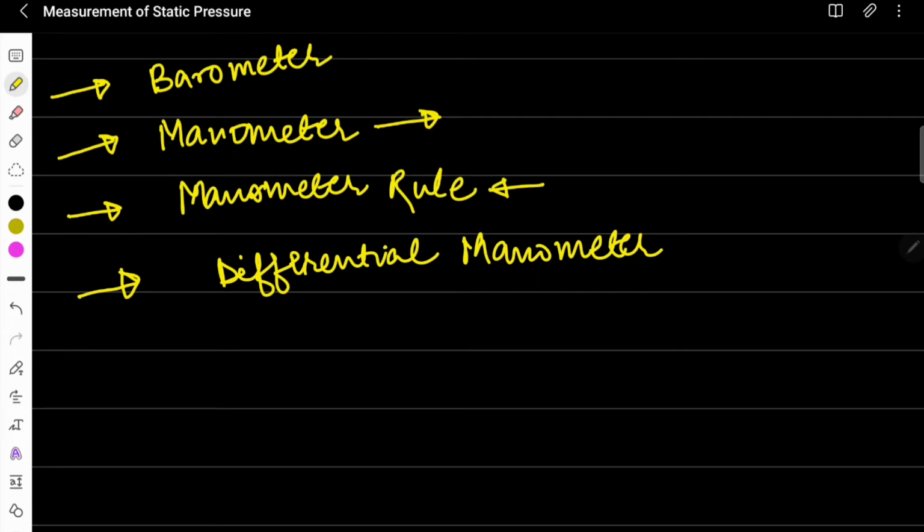Now, using all these three, we can always measure the pressure in the fluid, and similarly some modifications of these differential manometers are also available, which we will discuss. And there is one very important thing which is being used in the modern era, that is your Bourdon gauge.